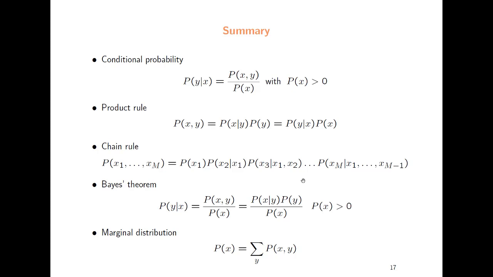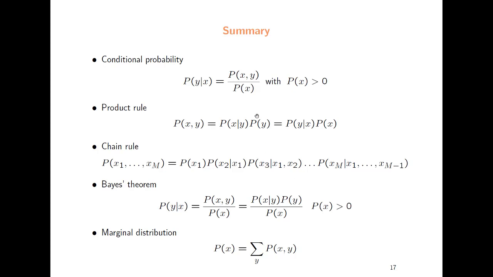To summarize, and to show that these formulas are essentially not that difficult or complicated, but they're all extremely important. The conditional, here I wrote it a little bit simpler without the capital ones, and people write these things in different ways, but this is one possible way.